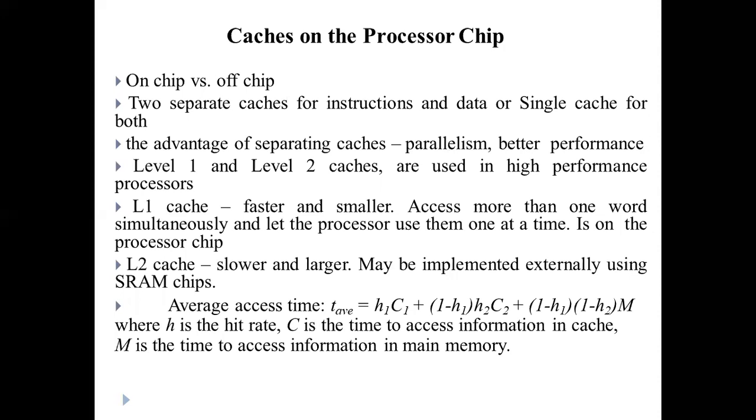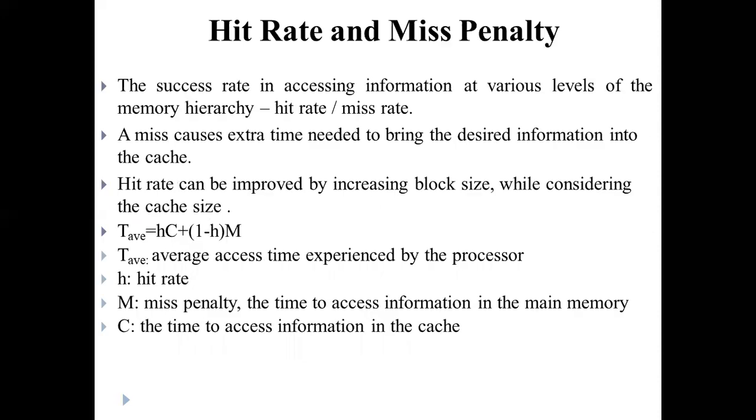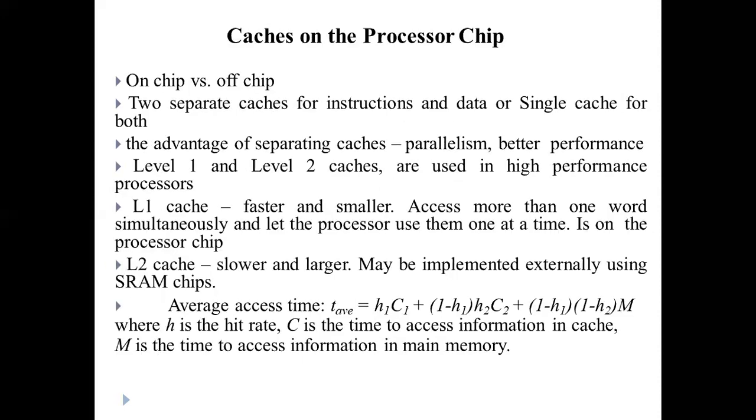C is the time to access information in the cache, H is the hit rate value, and M is the miss penalty, the time to access information in the main memory.